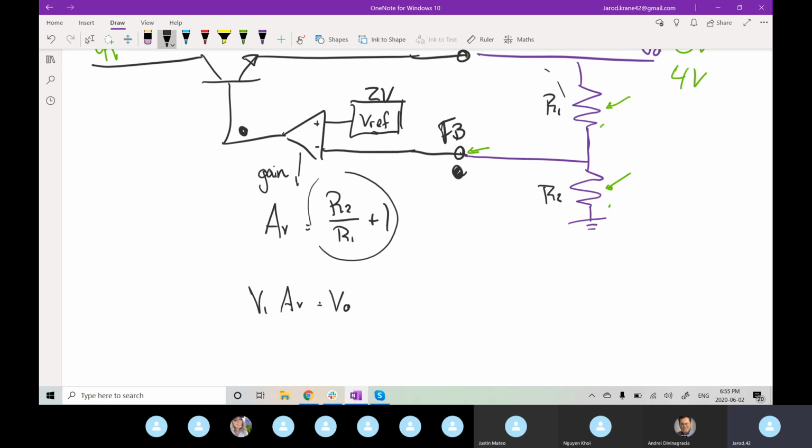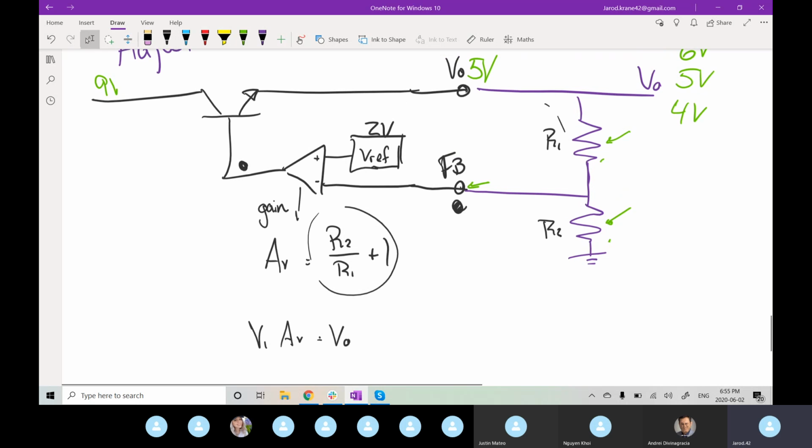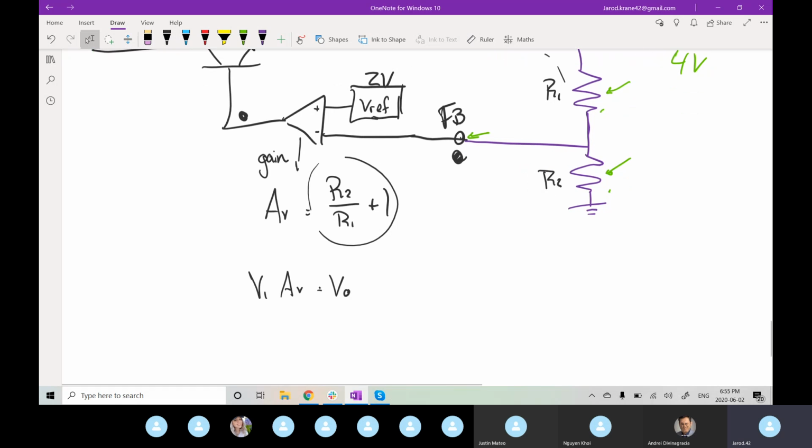So we can see that it's not as straightforward as just know your internal reference, know your voltage divider, have an output. But again, data sheets give you this equation, so you don't have to derive anything or actually properly know what your reference voltages are or anything like that.